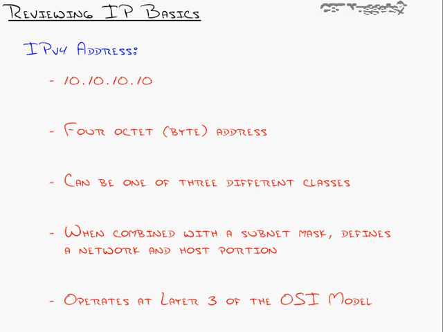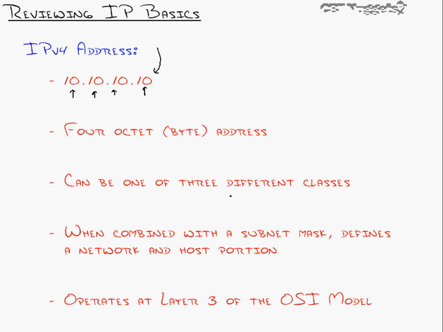So an IP version 4 address looks something like this, 10.10.10.10, where each one of these represents an octet. It's a 4-octet address, and each one of them represents 1 byte of information. You'll oftentimes hear an IP version 4 address referred to as a 4-byte address, or more commonly, which we're going to talk about later, a 32-bit address.